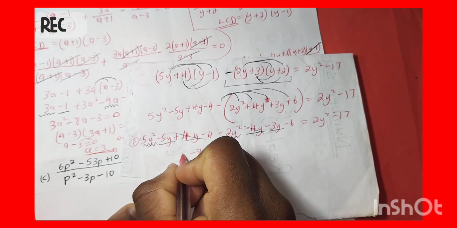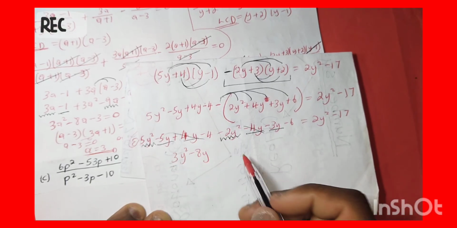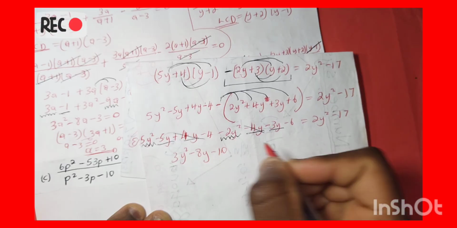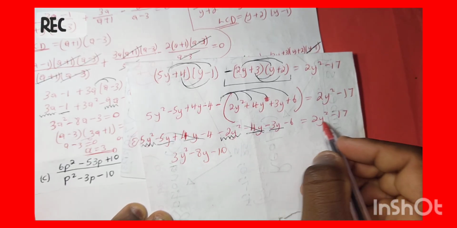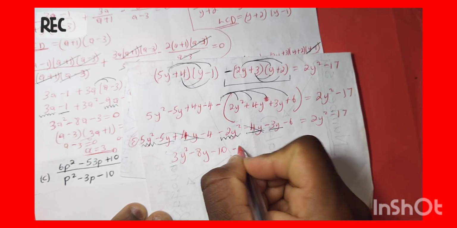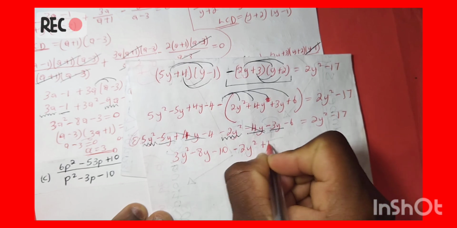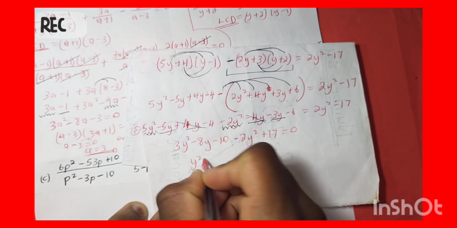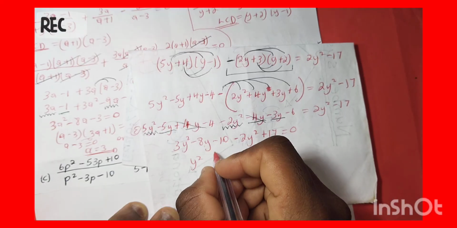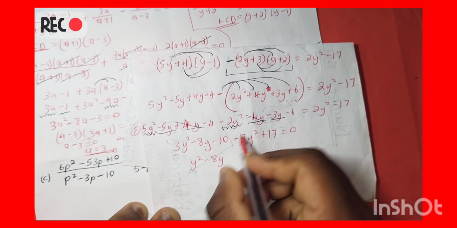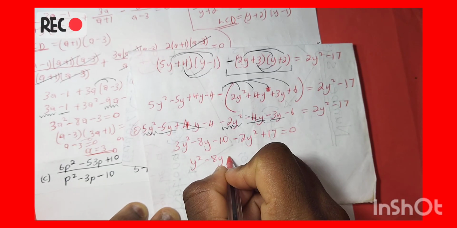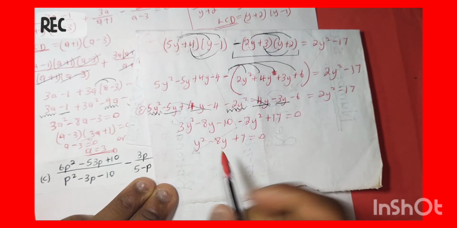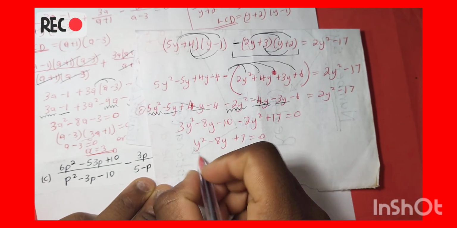This and that get 3y, and this with that is supposed to get 10. I hope, guys, everything that I pressed is correct. Take that down to the other side, they change the sign. Now these are the like terms, which is 2y squared. This doesn't have a like term, which is 8y. This and that will give me positive 7. So I can factorize this without even using the quadratic equation.